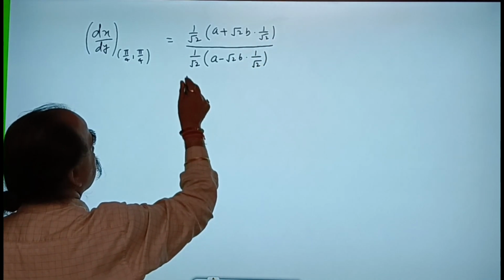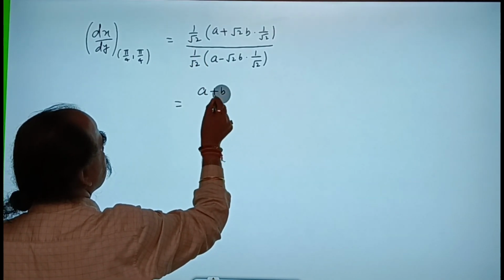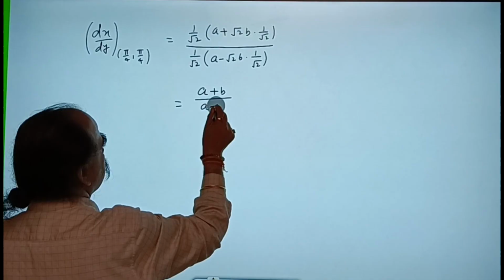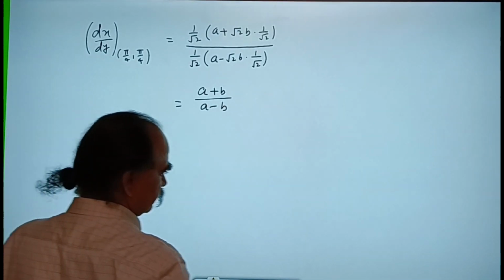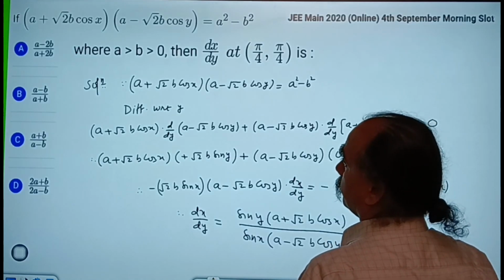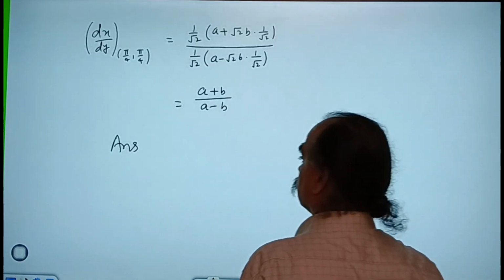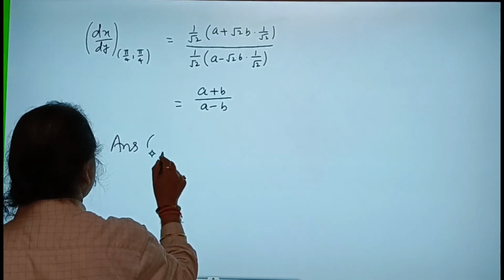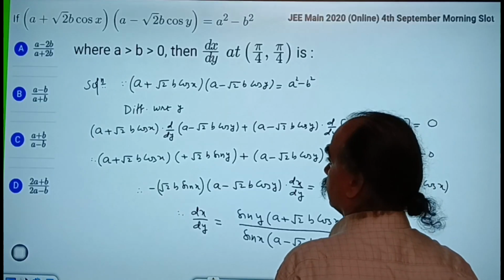Root 2 cancels, 1 by root 2 also cancels. You will get a plus b upon a minus b. So answer is C, a plus b upon a minus b.